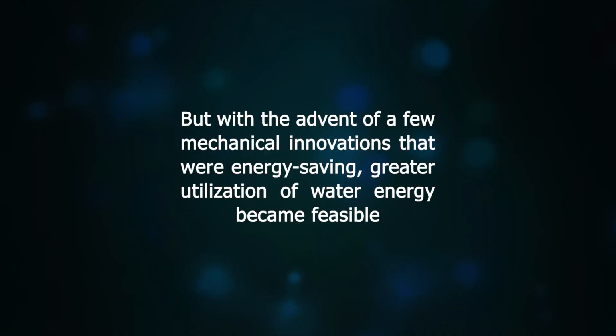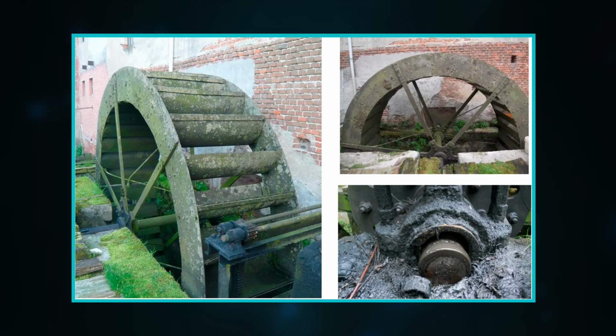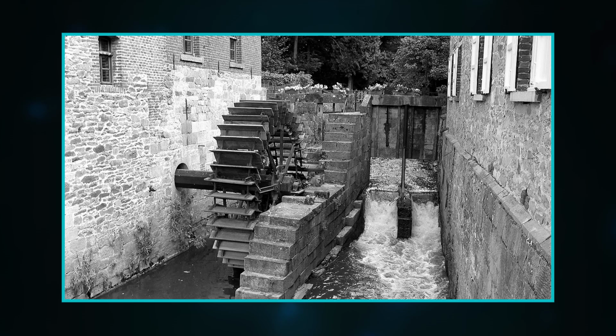But with the advent of a few mechanical innovations that were energy saving, greater utilization of water energy became feasible. Water was probably first used in this way for powering water wheels. The flour mills are still operated with the aid of water wheels today in the hilly regions of India and other countries with terrain similar to these.